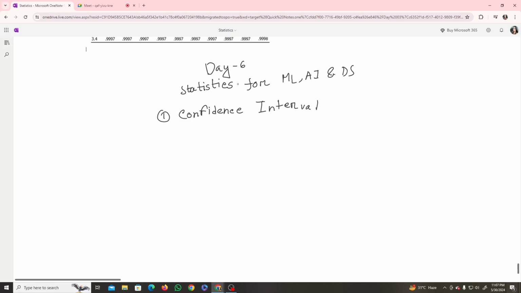Then we will see the fundamentals of hypothesis testing. In the fundamentals of hypothesis testing, we will see p-value, significance level, then one tail test, two tail test, and so on. All right, so let's start.